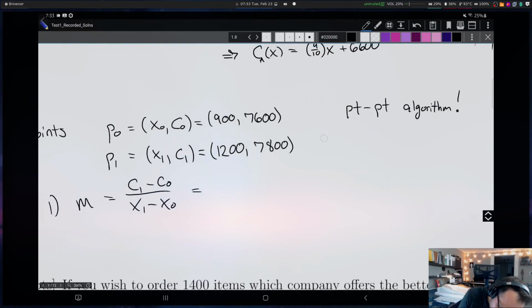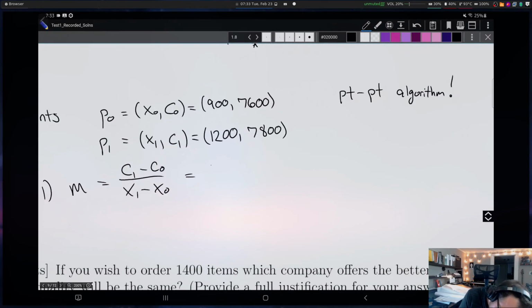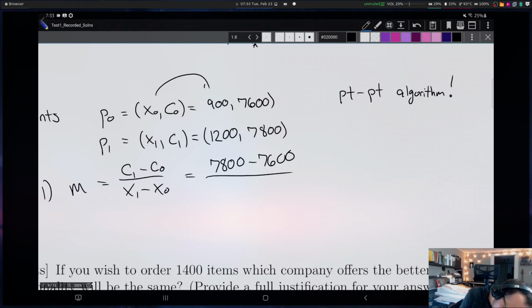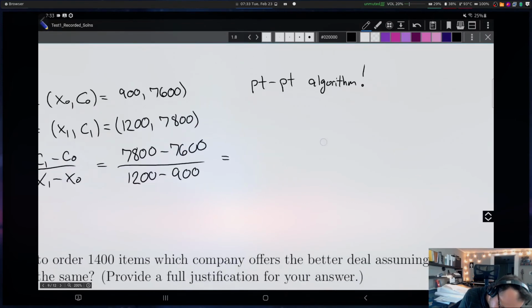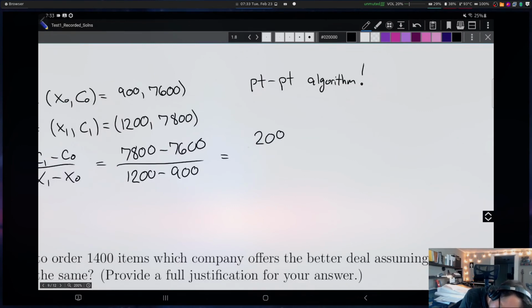Okay, but now I've told the reader what c naught is. I just have a name for it, 7,600. And I've told the reader what c1 is. It's 7,800. So there's 7,800 minus 7,600 in the numerator. And then I've also told the reader what x naught and x1 are. So x1 was 1,200 and x naught was 900. If we simplify this, I think we get 200 in the numerator and 300 in the denominator. Hopefully.